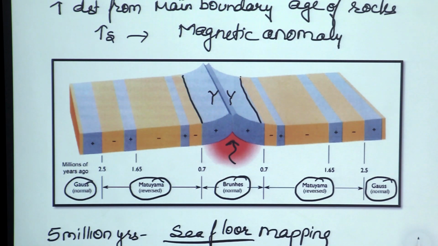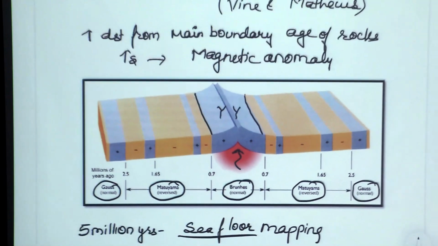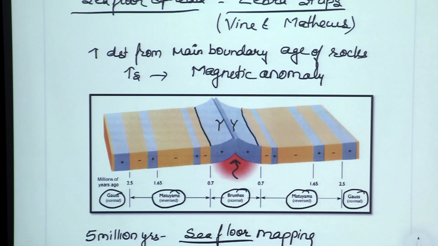And why is this magnetic anomaly called zebra strip? Because I see alternate bands of the blue color that you are noticing here, which is about positive. So it is normal, this is reverse, this is normal. So you have to take this as zebra strip.